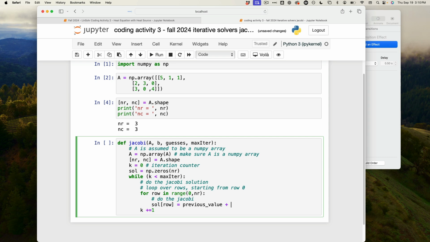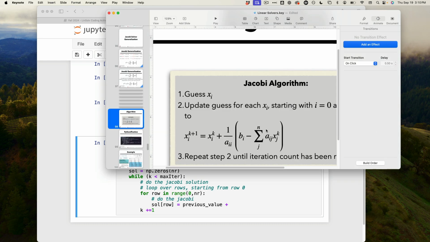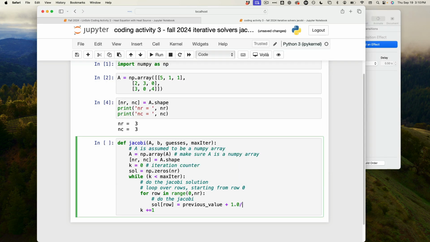Plus, I want to get this sorted out first. This 1 over Aii is very simple. It's 1.0 over the entry Aii in the matrix, in the array. And this is how you access it. It's actually not Aii, it's A at row.